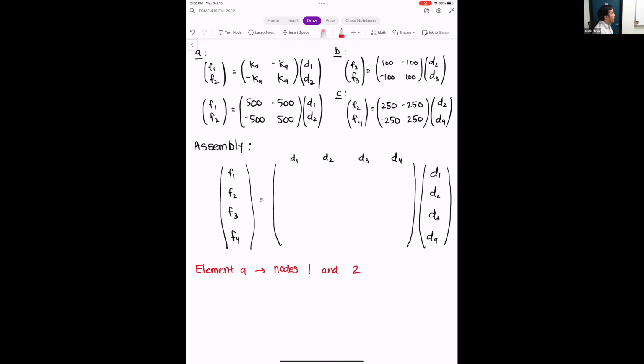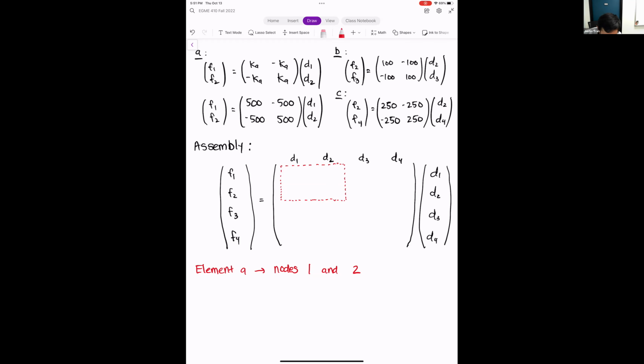So let's start with element A. With element A, we know that it acts on nodes 1 and 2. And so that's going to be the first and second rows and the first and second columns. I'm going to go ahead and box that off. Inside that box, you'll notice it's a 2x2 box.